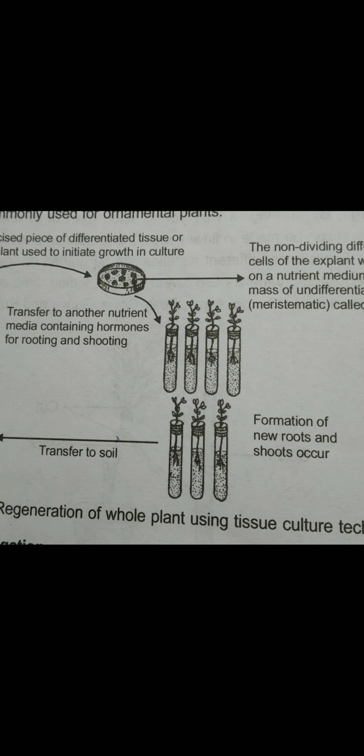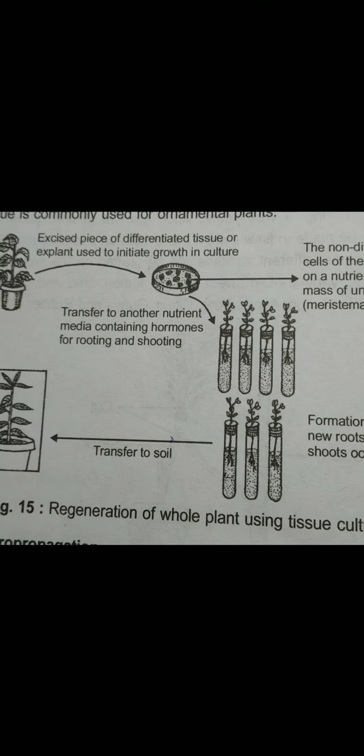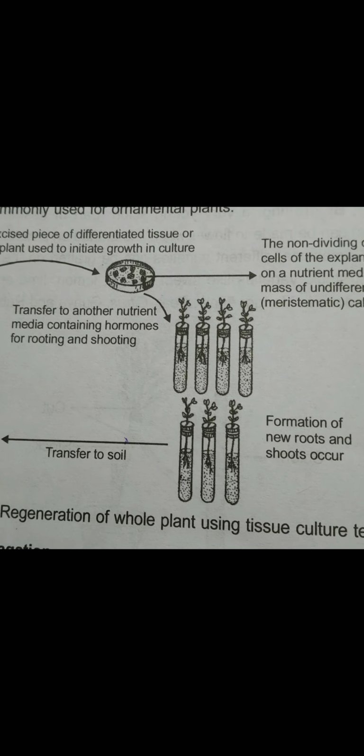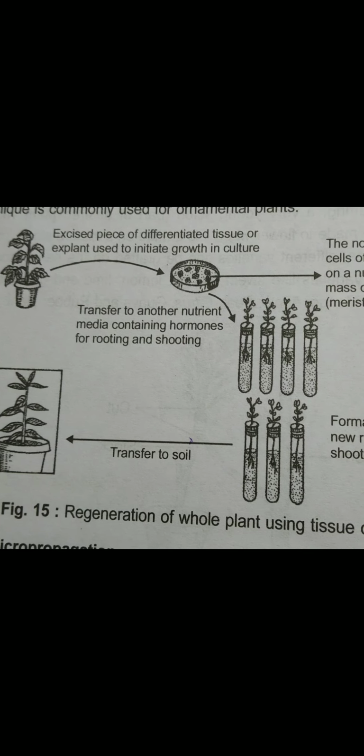New plants are grown by using these living cells or tissues. Children, as you can see in this figure, I can explain it here. They have taken a plant, and from any part of this plant they take some tissues or cells, also known as explant.